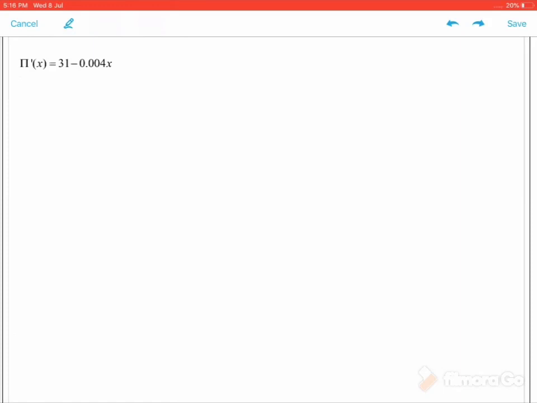The same step, we have to let our marginal profit function equal to 0. You will get 31 minus 0.004x equal to 0. After we simplify, you will get x equal to 7,750.